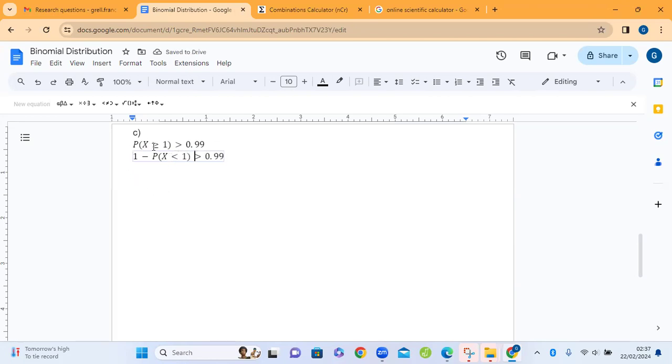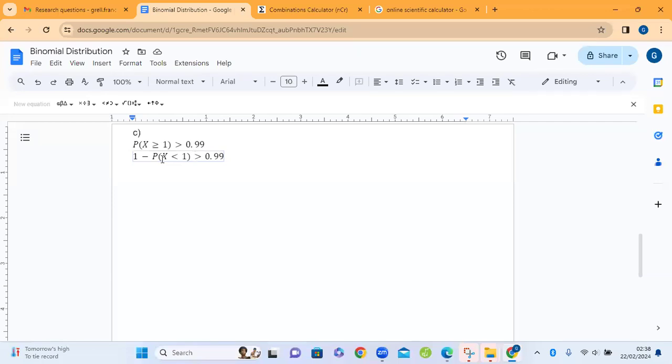So P of x greater than or equal to 1 is the same as 1 minus P of x less than 1 because we do not know what n is. And whatever n is, the probability of x greater than or equal to 1 is a lengthy process because you've got to apply the binomial distribution formula for 1, for 2, for 3, for 4, 5, right up to n, whatever n is. That's a long process.